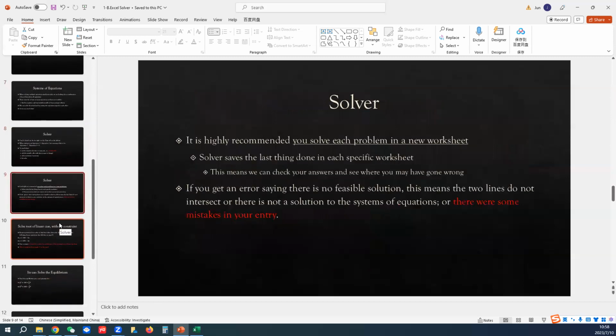So let's look at this one example. Before getting to that, if you are encountering problems, there are several possibilities.